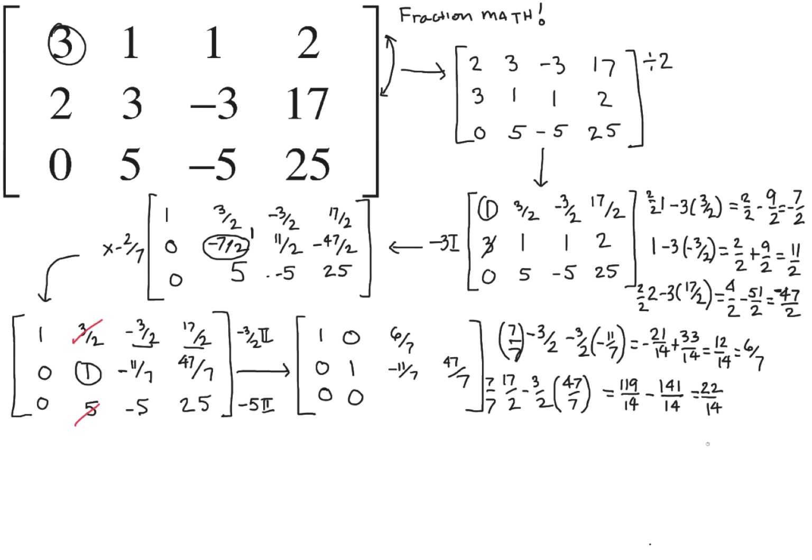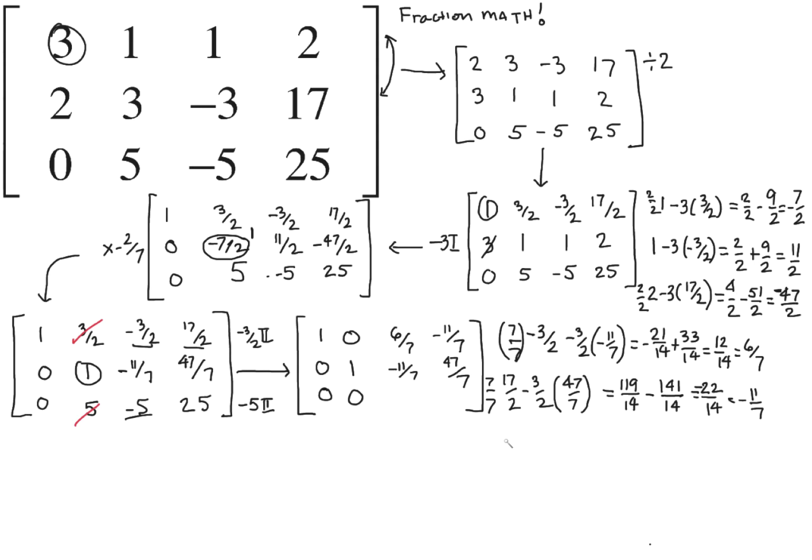Okay, and that of course must be negative 11 over 7. So we say negative 11 over 7.